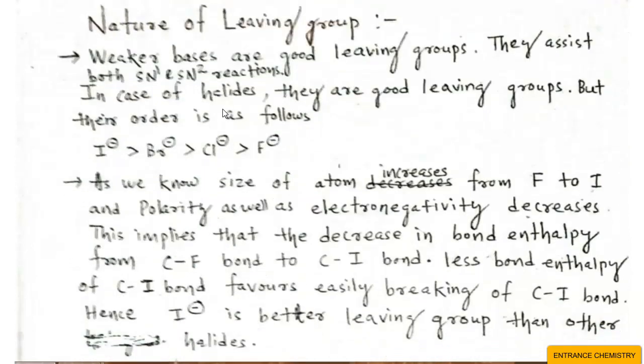Then we will discuss the nature of the leaving group. We know in both SN1 and SN2 reactions, there is a step where the leaving group should leave from the substrate. Is not it? Okay. So weaker bases are good leaving groups. They assist both SN1 and SN2 reactions.